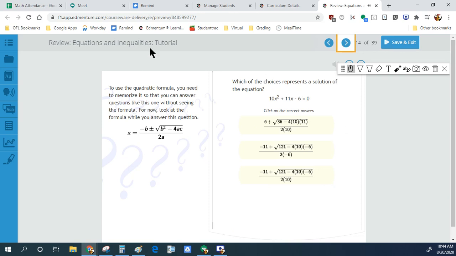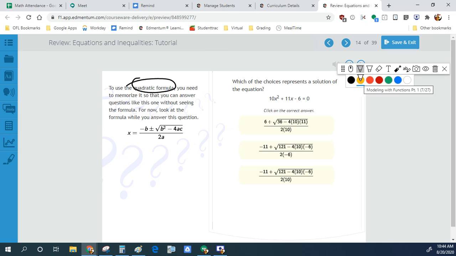Another way of doing this is the quadratic formula. So they're going to get into this quadratic formula. What I want you guys to know is these are all letters. This is your A, this is your B, and this is your C. And that's how we're going to plug this in here. So looking at this one, can someone tell me what our A is for this formula?